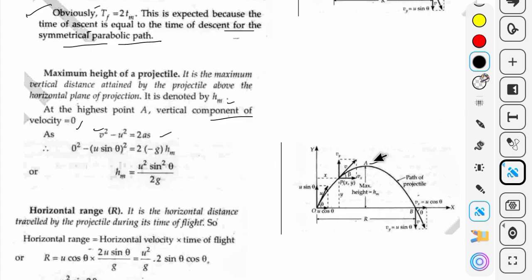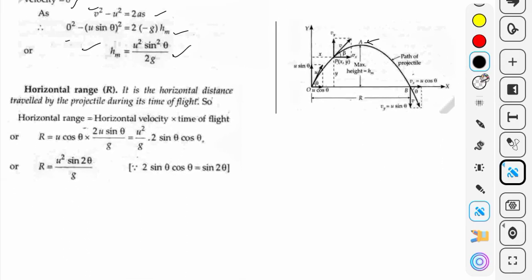Since the velocity at this point is 0, v equals 0. The initial velocity component along the vertical was u sin theta, so (u sin theta) whole square equals 2 into minus g into hm. From this we find hm equals u square sin square theta divided by 2g. So this is our maximum height of the projectile.